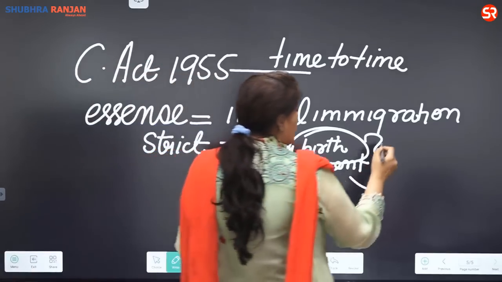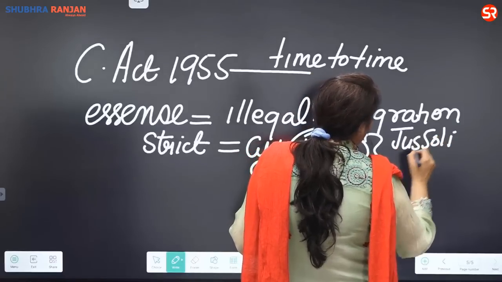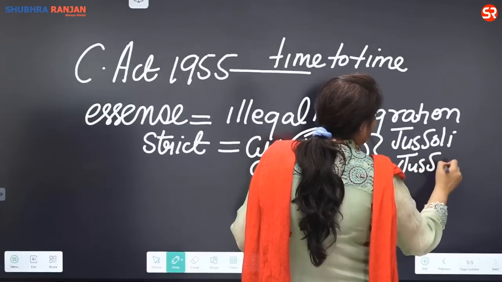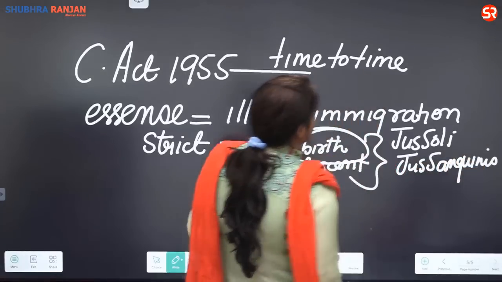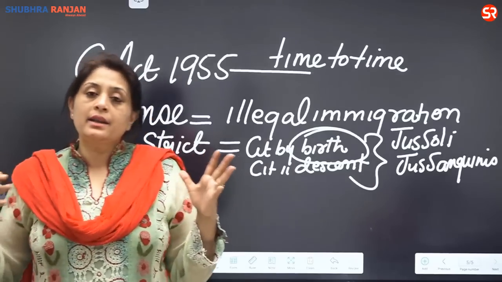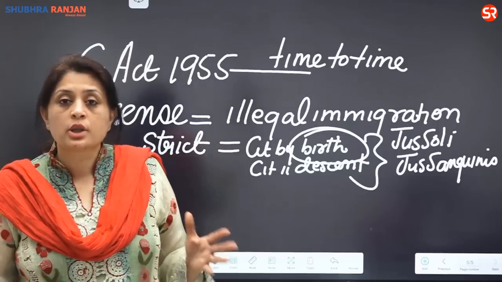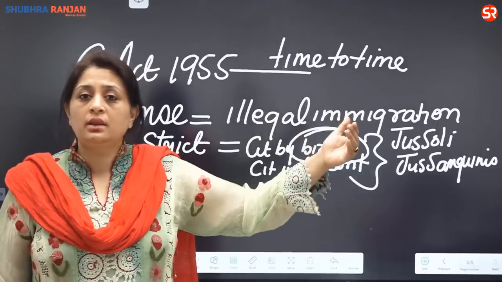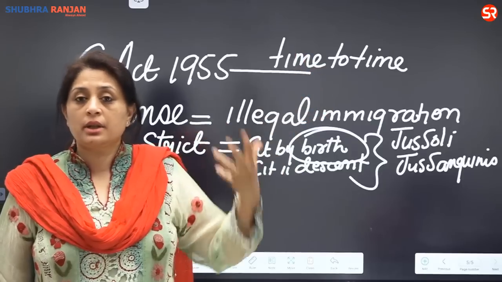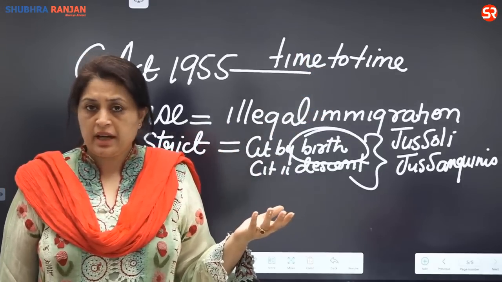Earlier we had solely this principle, but now we also have this principle, and this is together, jus sanguinis. Another direction was that we are making the citizenship laws more gender neutral. Earlier the father had to be an Indian citizen, but now either of the parents.